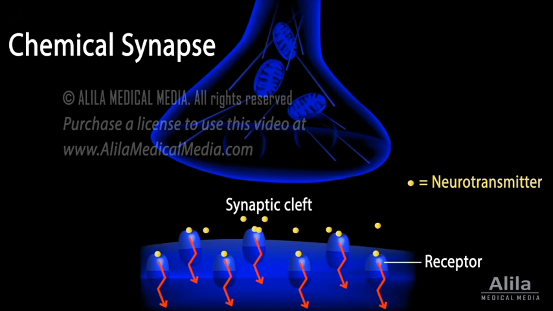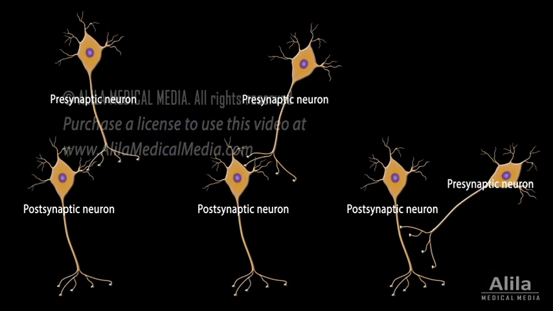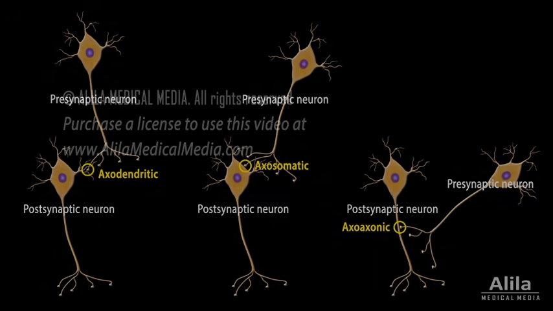The neuron that releases the neurotransmitter is the presynaptic neuron, while the one that receives the signal is the postsynaptic neuron. The axon of the presynaptic neuron may form a synapse with either a dendrite, the cell body, or the axon of the postsynaptic neuron, giving rise to axodendritic, axosomatic, or axoaxonic synapse, respectively.